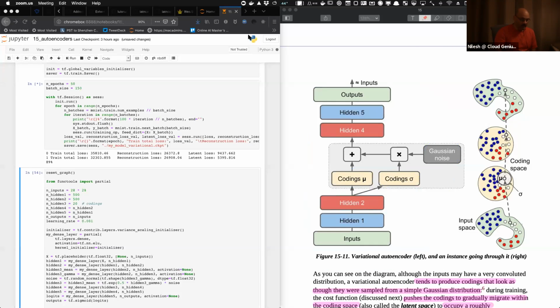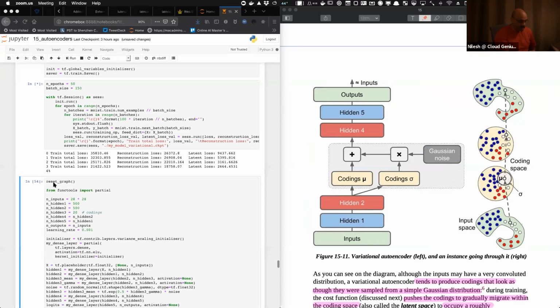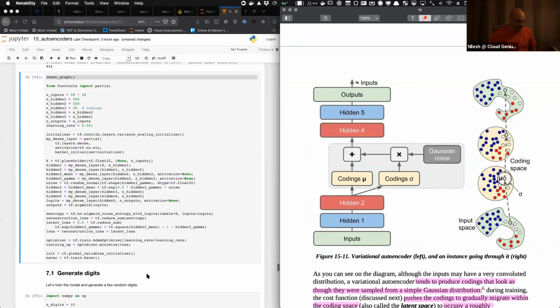I cannot execute the next step before the other one finishes, so I have to wait. If I reset the graph, it will break the whole thing. I don't want to break it, so I'll stop right here without executing this step, because the training is happening right now. In the meanwhile, we'll proceed further and let this run.